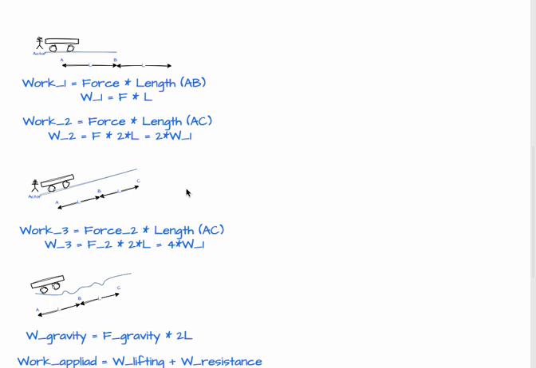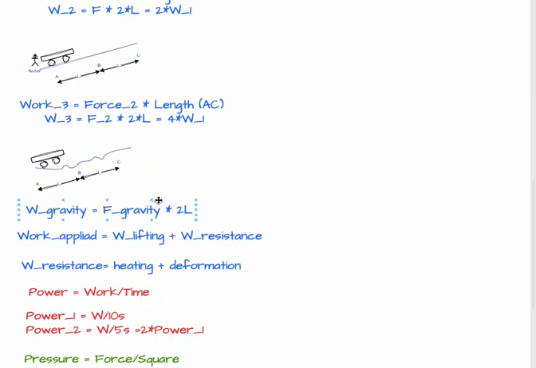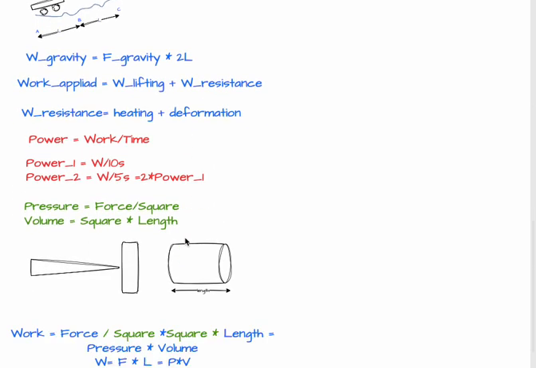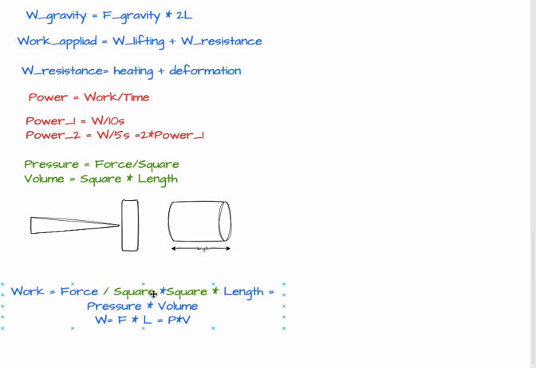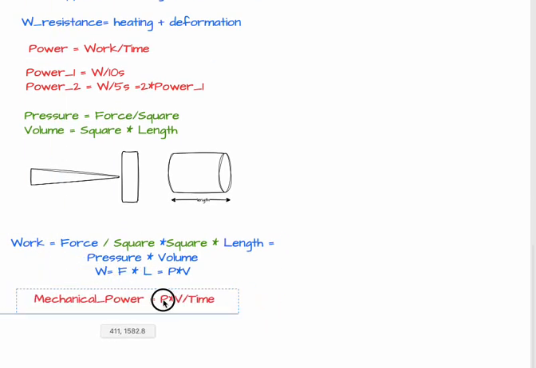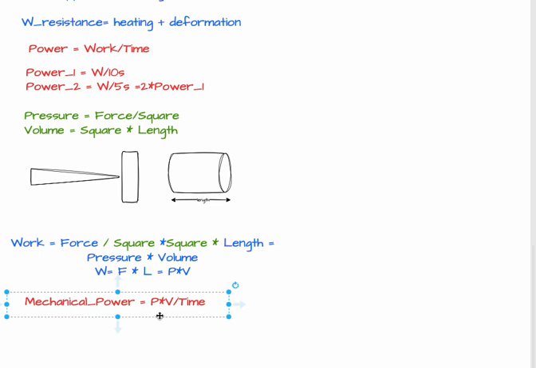That's why the same physics and the same terms, like power and work, are applicable to the description of mechanical lung ventilation. So that's what we get. Mechanical power is, by definition, pressure multiplied by volume and divided by the time during which this pressure was applied to this volume.